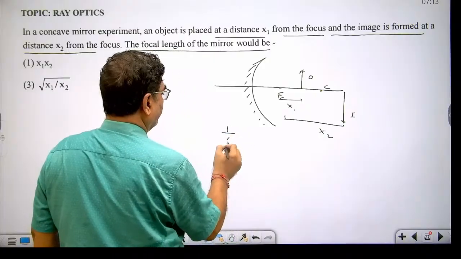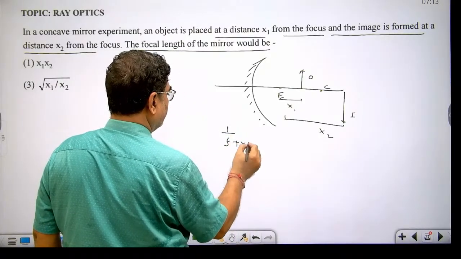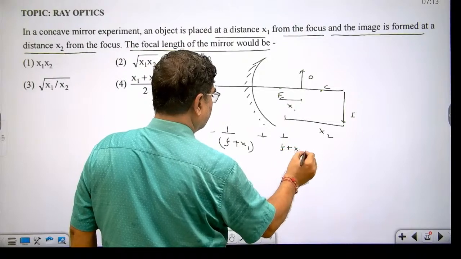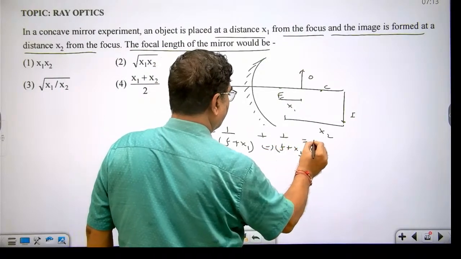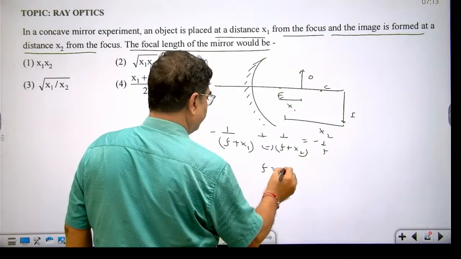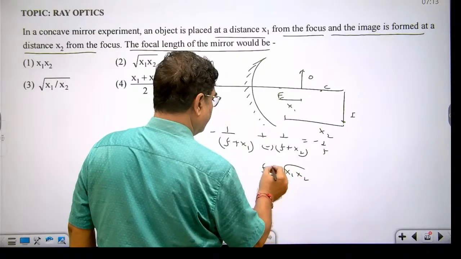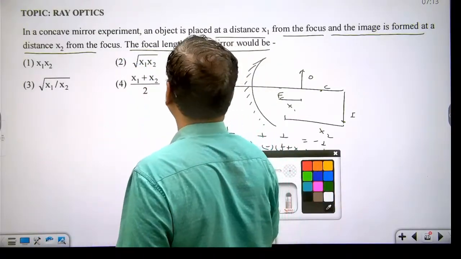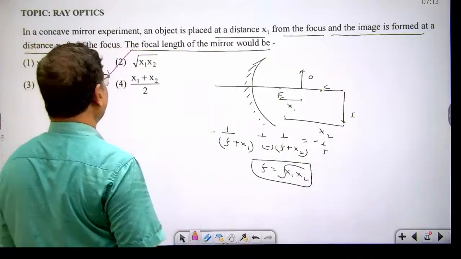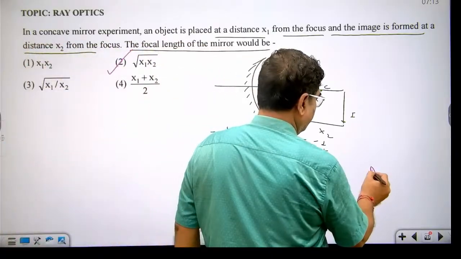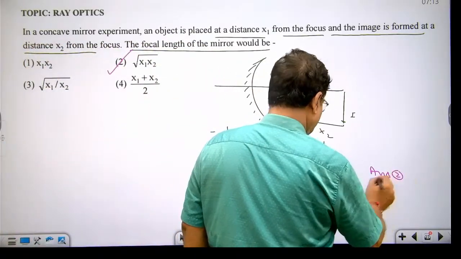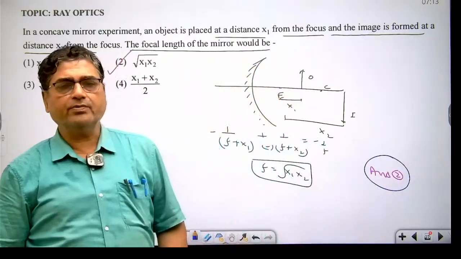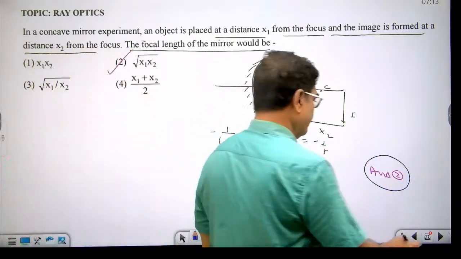So we will write 1 upon f plus x1 plus 1 upon f plus x2 equal to 1 upon f. After solving this, we will get f equal to under root x1 x2. This is the result of Newton's formula. So the answer to the given question is option 2.